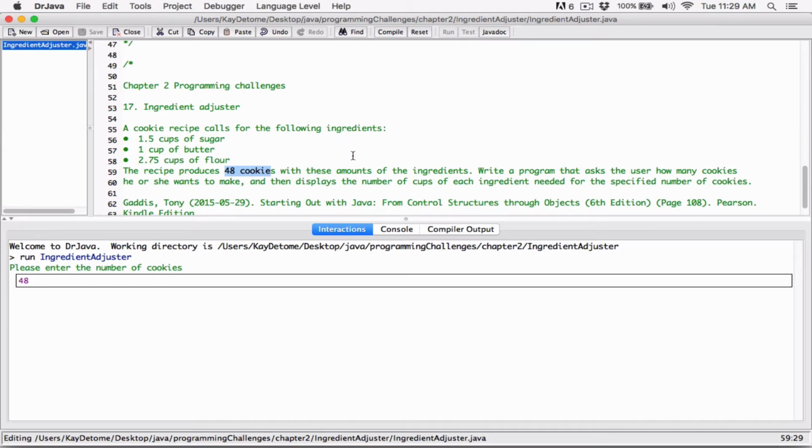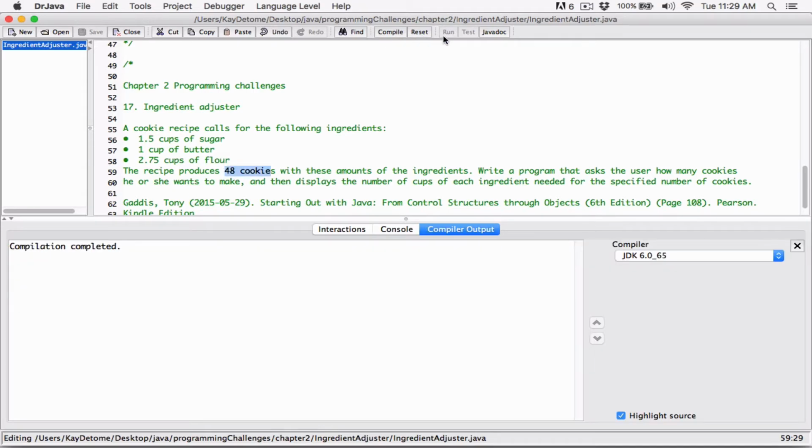So I'm going to go ahead and hit enter here. And it said for 48 cookies, you will need 1.5 cups of sugar, 1.0 cups of butter, which is the same, and 2.75 cups of flour. So that works, which is nice.